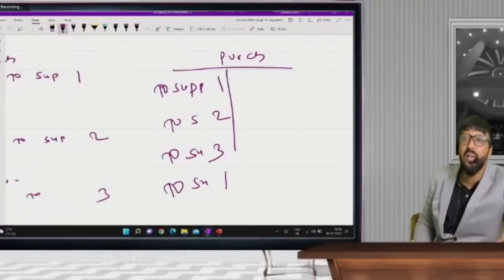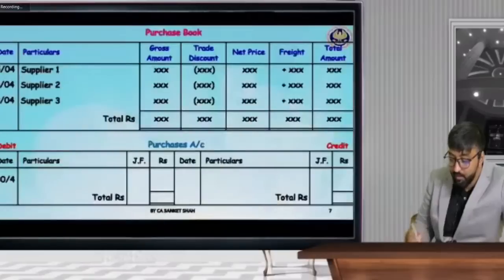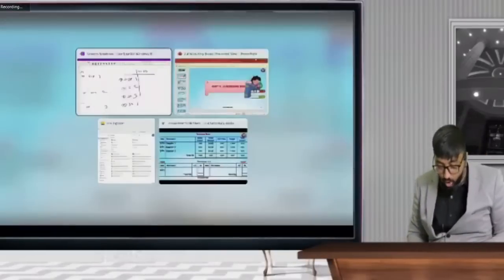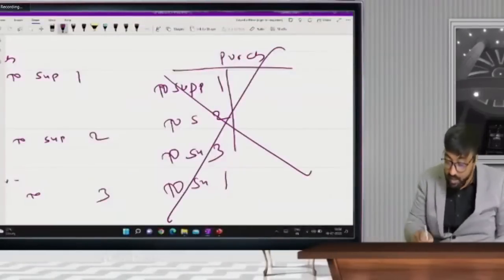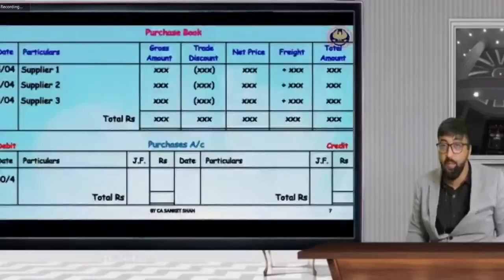It's a very tedious, long process. So what we'll do, we prepare this purchase book. If you don't want to do this hectic job, instead of this, we will open this purchase book.